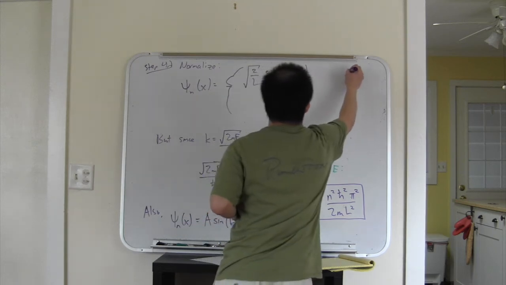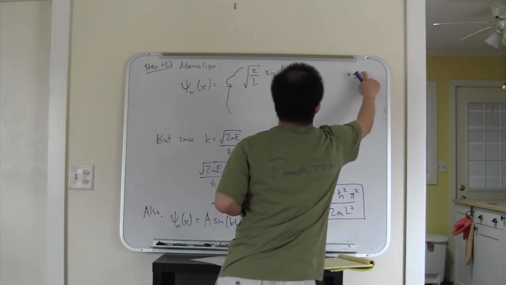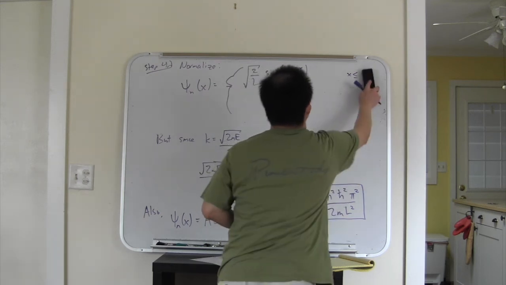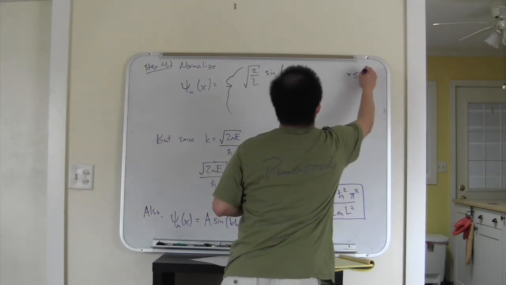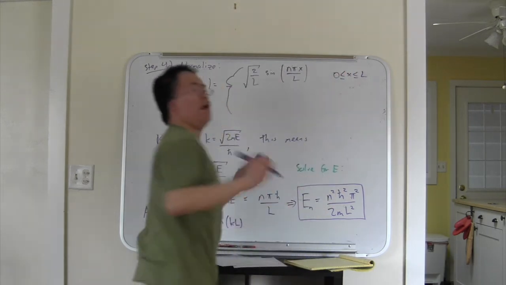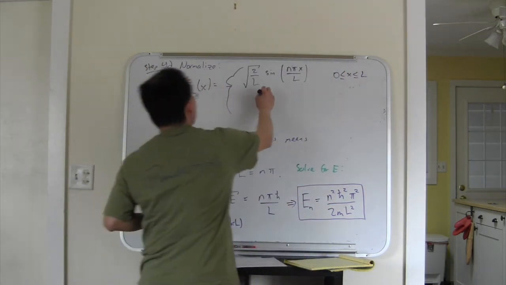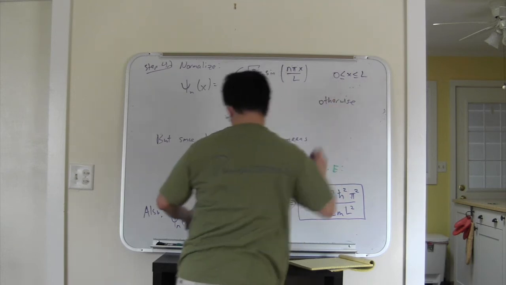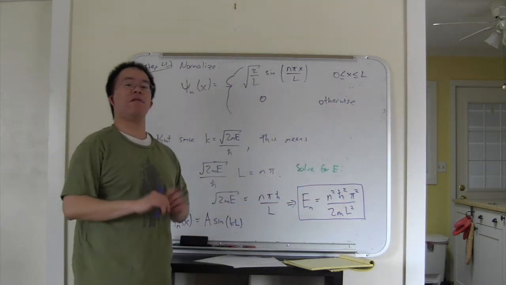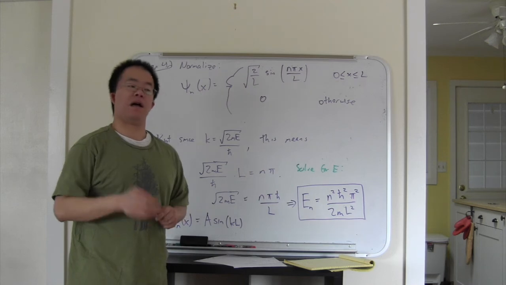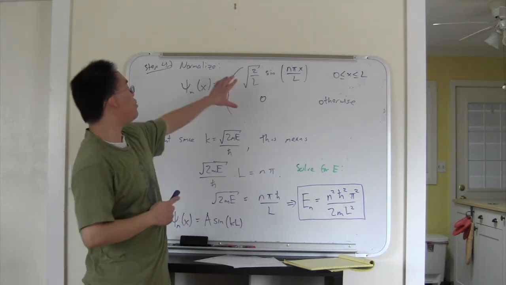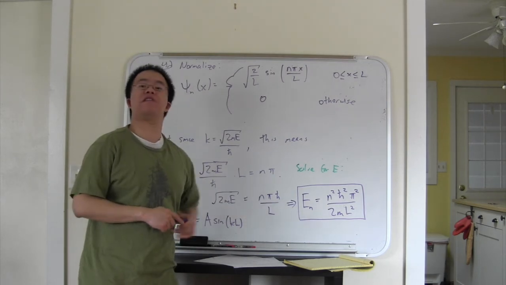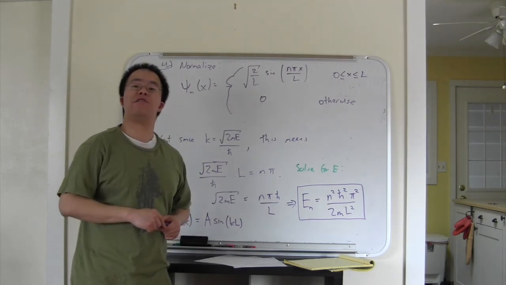So for x between 0 and L, and the wave function vanishes otherwise. So in a sec, we'll cut to my computer, where I can show you some pictures of the stationary states and of the spacing of the allowed energy levels.